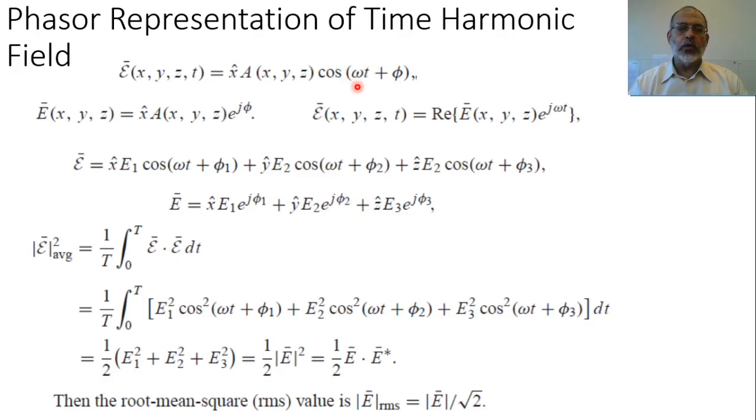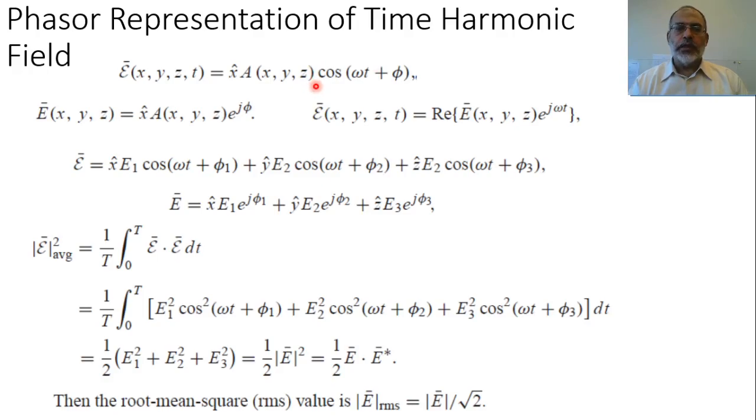Omega here is 2 pi multiplied by the frequency, or 2 pi over the period T, where T is the periodic time. So, in the special case where the time variation is a time harmonic field, the electric and magnetic field can be represented as a function of x, y, z, a function of space, multiplied by cosine omega t plus phi.